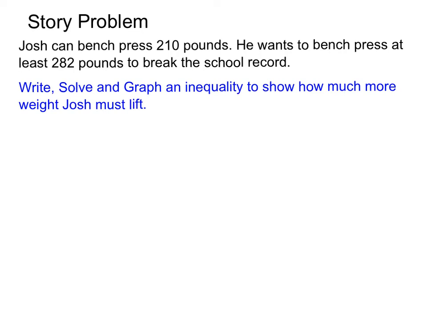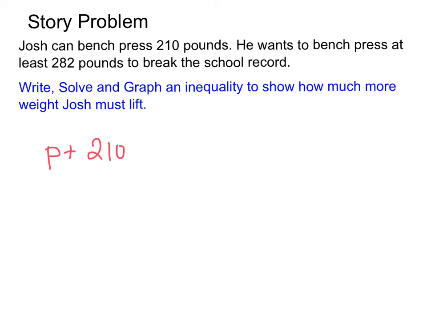Now I know some of you are already thinking about the difference between these two, but we want to write the general inequality. So we're going to start with 210 is the amount that he can currently bench press. If we add that to P, which is the number of pounds that he needs to add, it needs to be at least 282.